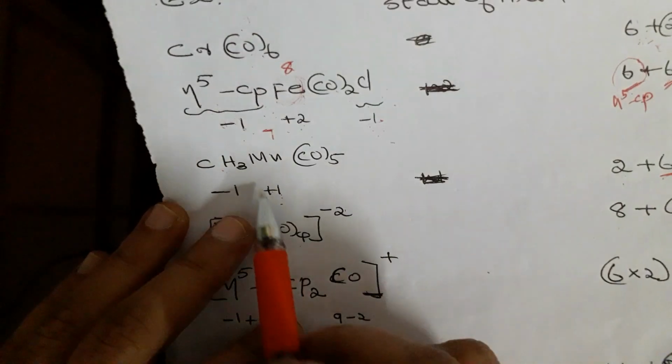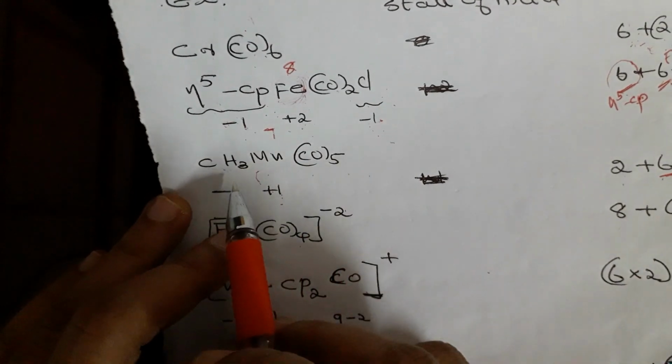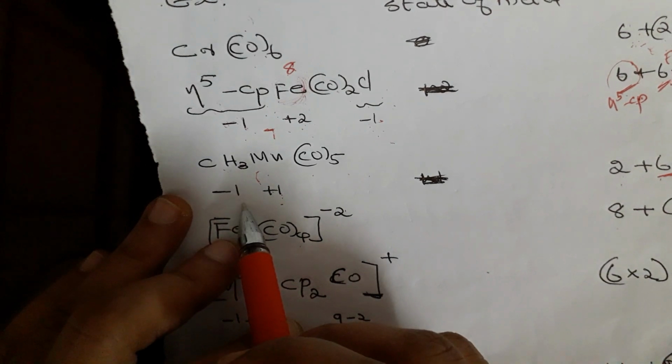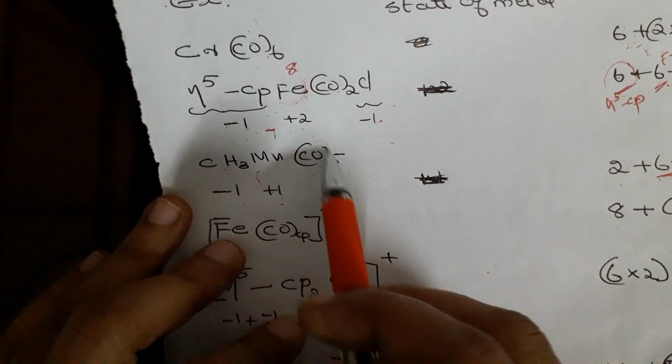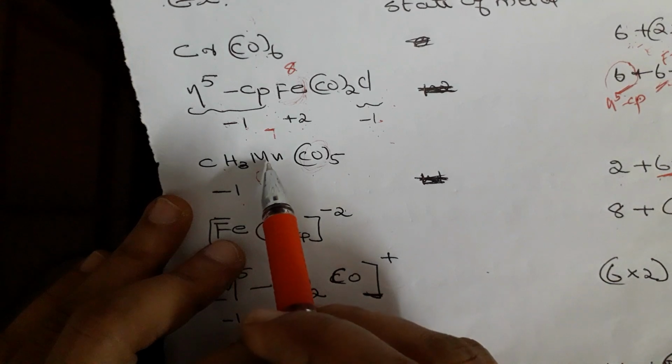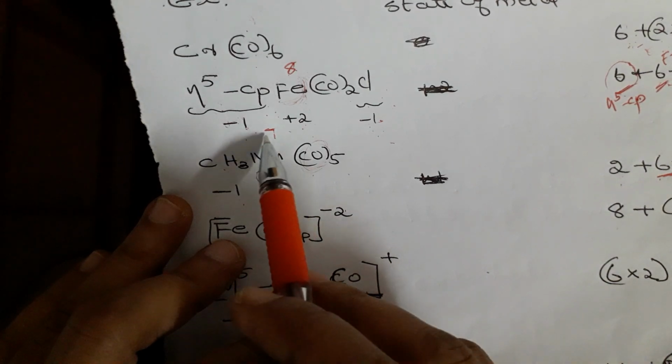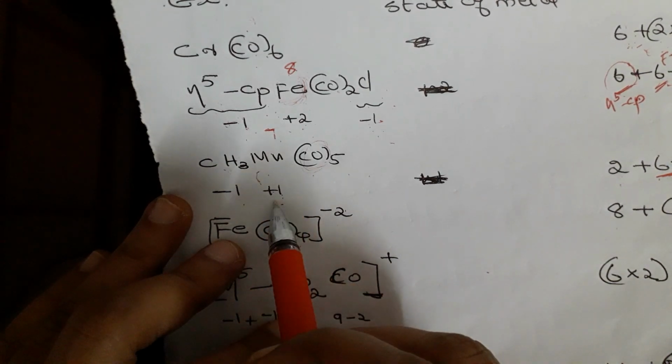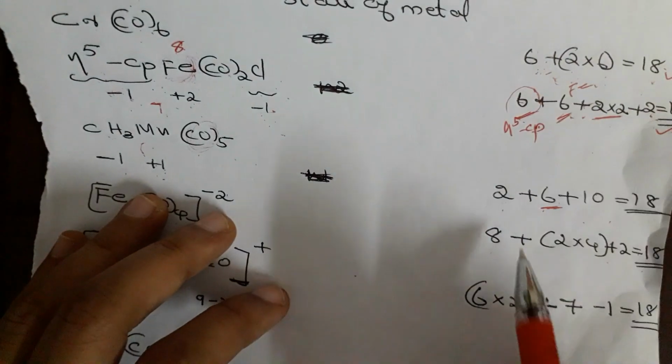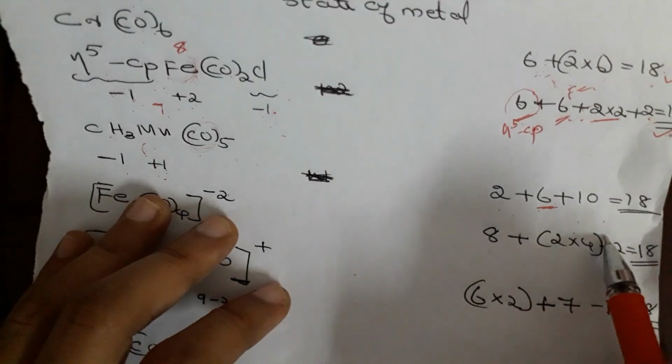CH3Mn(CO)5, CH3 formal charge minus 1. The CO is 0 charge, so Mn has 7 valence electrons, 7 minus 1, 6. CH3 contributes 2 electrons. 2 plus 6 plus 10, 18.